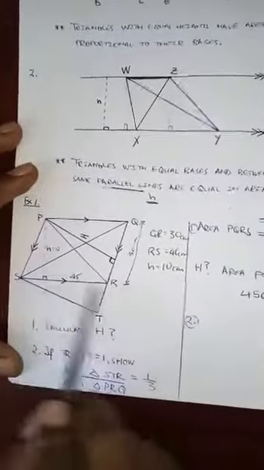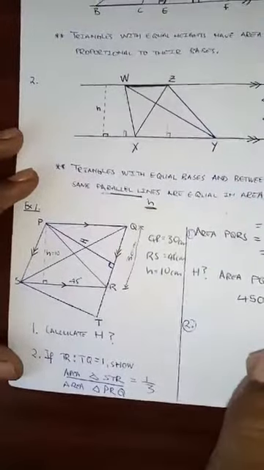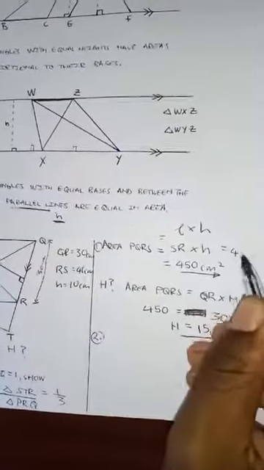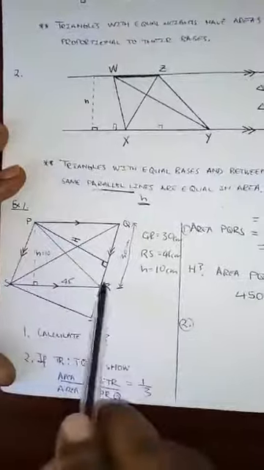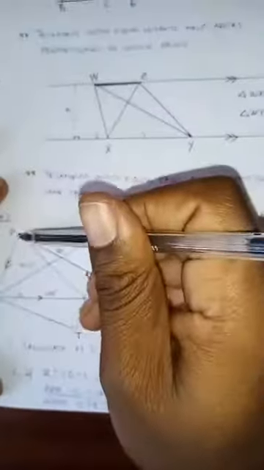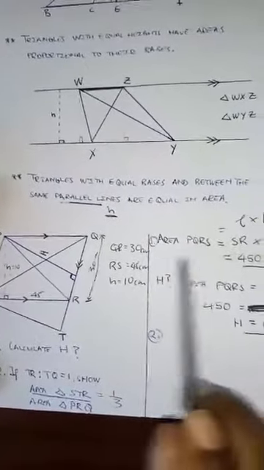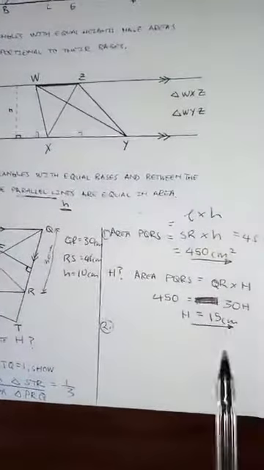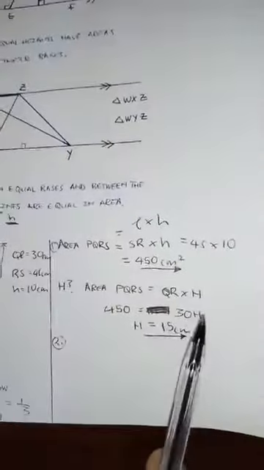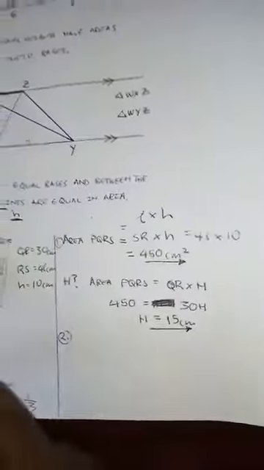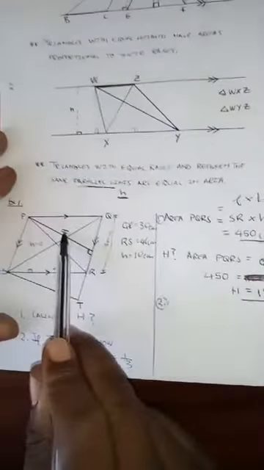It is SR, which we are given to be 45, multiplied by the height, which is 10 centimeters. Remember, we are in PQRS, and we've constructed that height, right? So the area of PQRS is 450 square centimeters. Simple. And now what is H? Because that is the question, determine H.